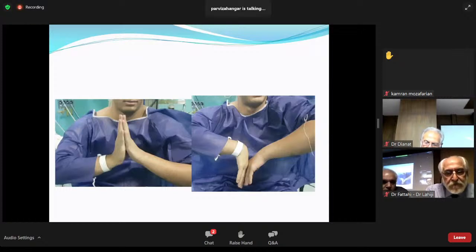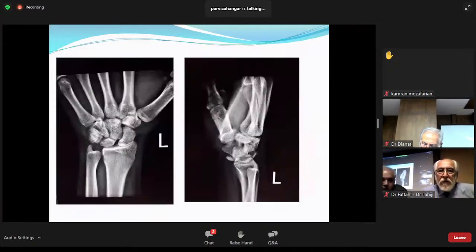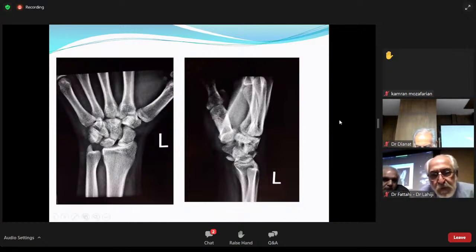These are the range of motion of the left wrist, maybe 20 degree total arc of range of motion with pain. The next, please. These are the radiographies. As you show, we can see a line in the AP radiography in the proximal pole, and the piece of bone, if you show Professor Lahiji here, volar, here, yes.